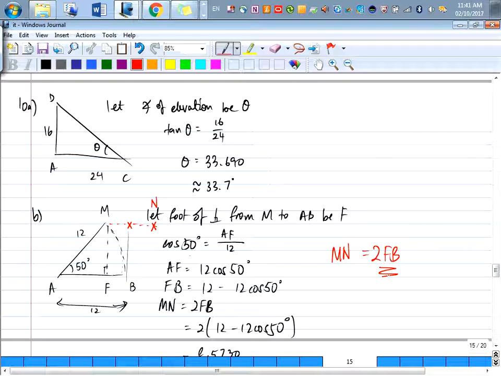Okay, so now I need to find FB. How to find FB? Why? Instead of just saying what is on the screen, why is it 12 minus 12 cosine 50?